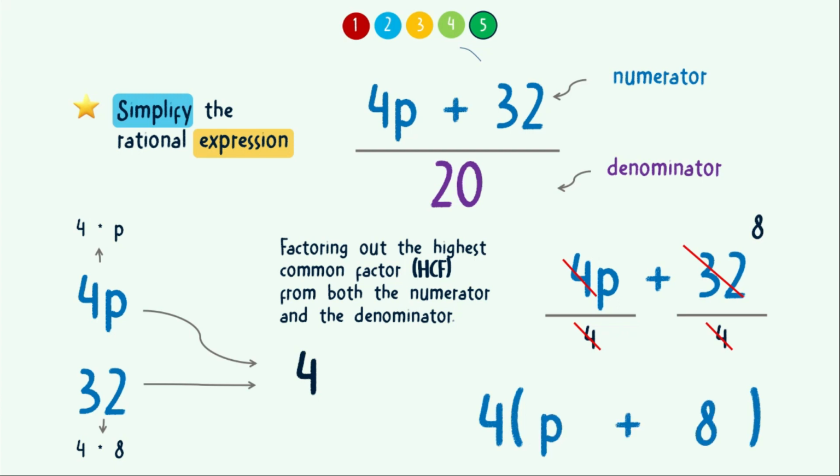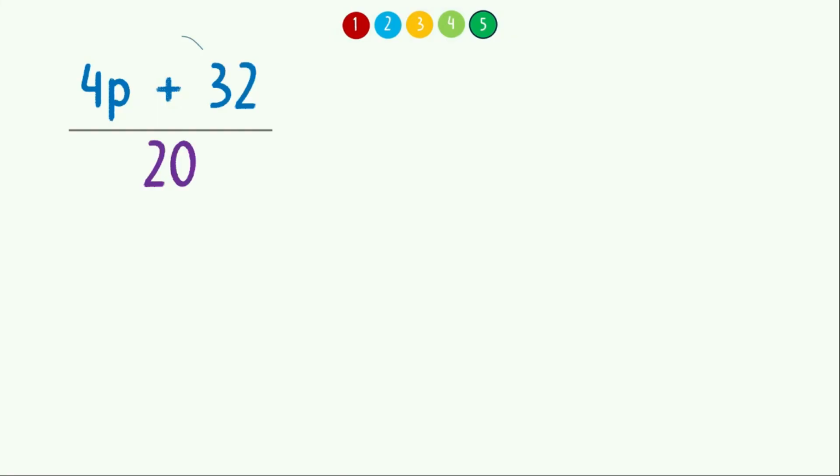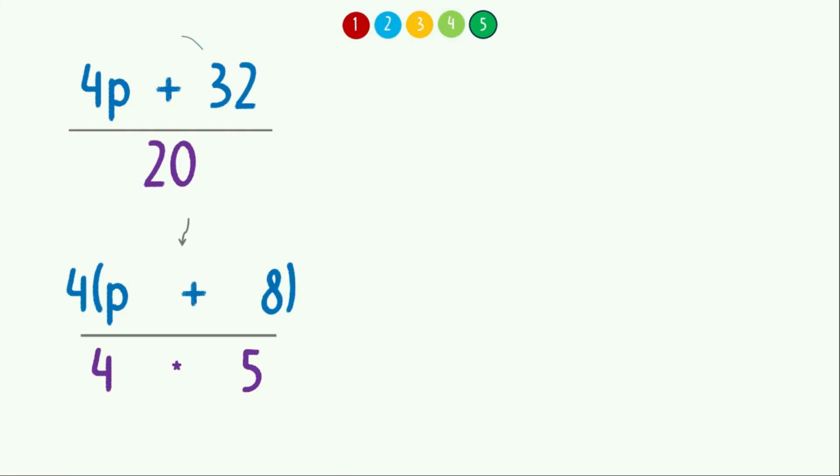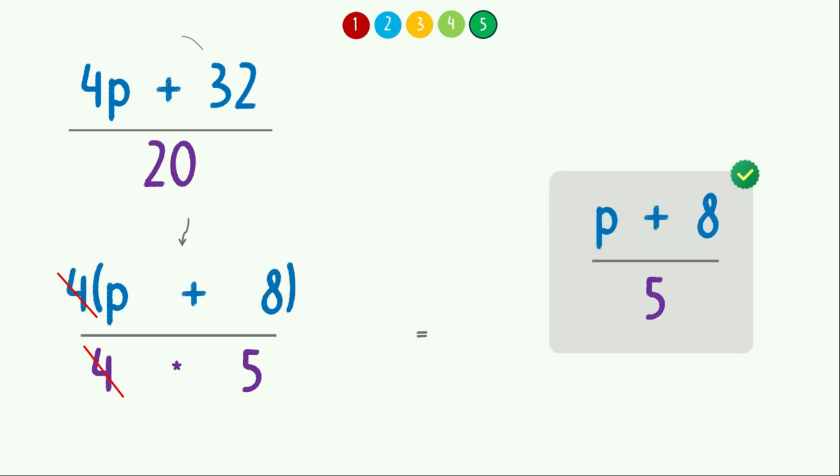So that is now the numerator, and we have this now because 20 is 4 times 5. I don't need to be explaining that one, you understand. So we cross out the common factor in the numerator and the denominator, which will give us p plus 8 divided by 5.